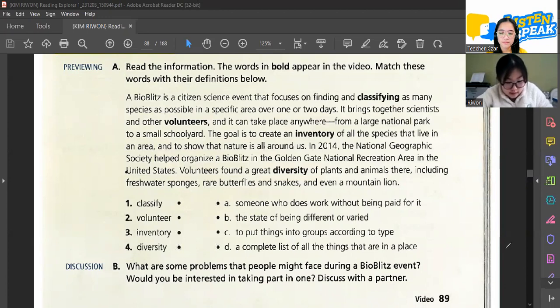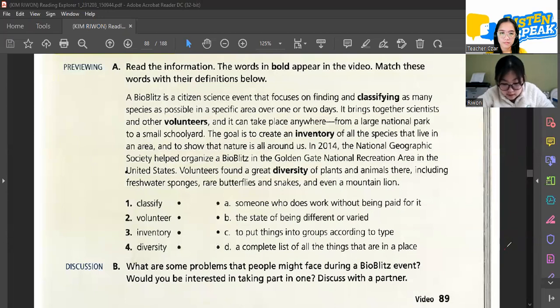It brings together scientists and other volunteers, and it can take place anywhere from a large national park to a small schoolyard. The goal is to create an inventory of all the species that live in an area and to show that nature is all around us.